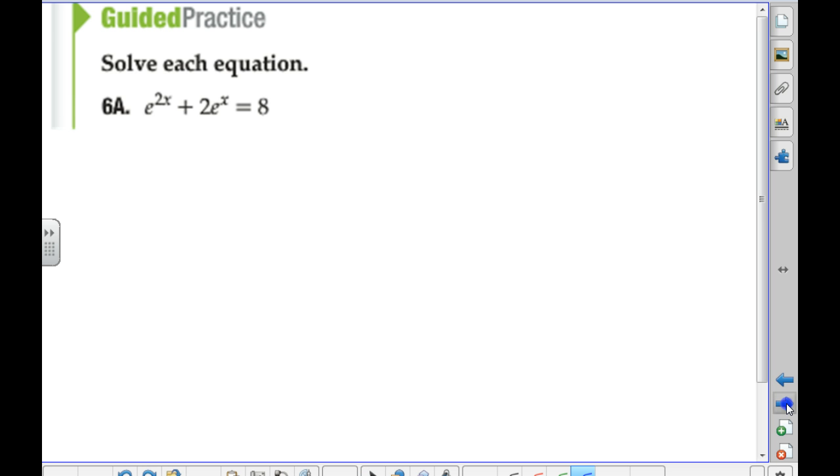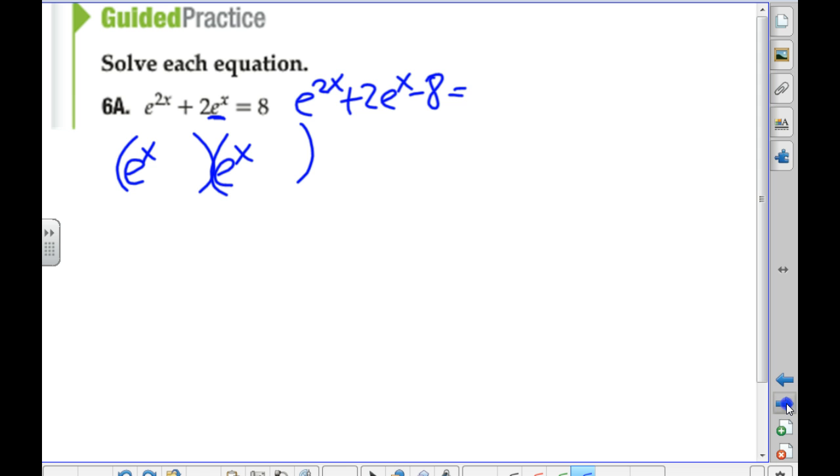All right? What I do is I think of this as my x. So this is going to factor e to the x and e to the x, because if I multiply that, e to the x times another e to the x, you add the exponent to get e to the 2x, okay? Then equal to 0. Factors of 8 that give me 2.